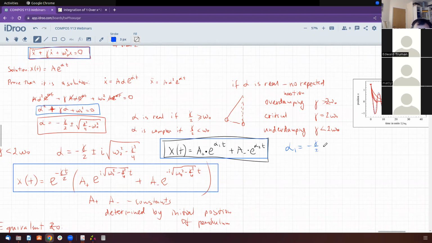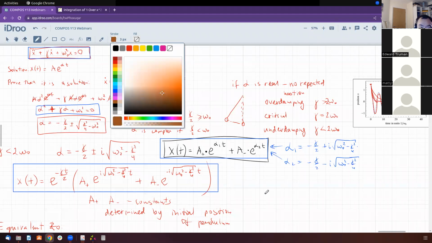And alpha 2 is minus gamma over 2 minus i square root of omega 0 squared minus gamma squared over 4. And all we do is we plug that into here.